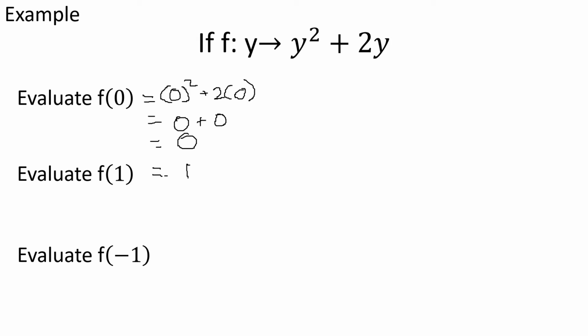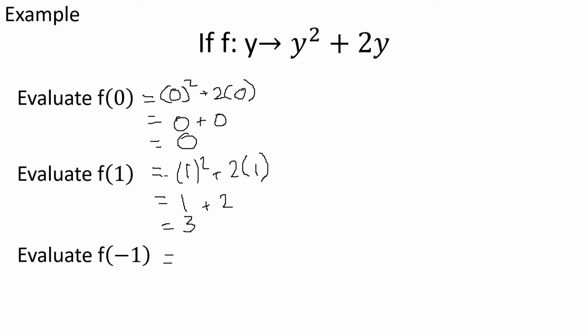Next one, whenever we see a y, we need to be substituting the value 1. So we would have 1 squared plus 2 times 1. So 1 squared is just 1, and 2 times 1 is 2, and we're left with 3. Fabulous. Last one, when we see a y, we substitute it for -1.